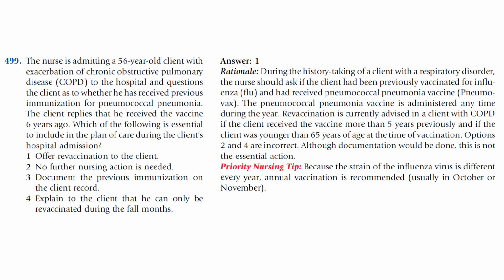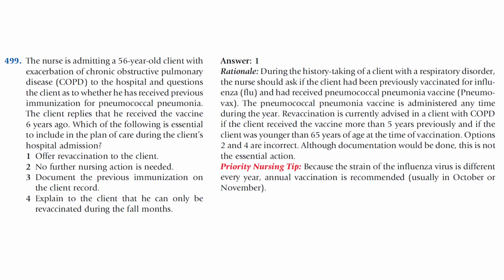Which of the following is essential to include in the plan of care during the client's hospital admission? 1. Offer revaccination to the client. 2. No further nursing action is needed. 3. Document the previous immunization on the client record. 4. Explain to the client that he can only be revaccinated during the fall months.